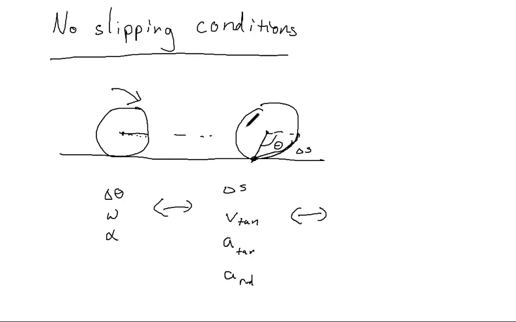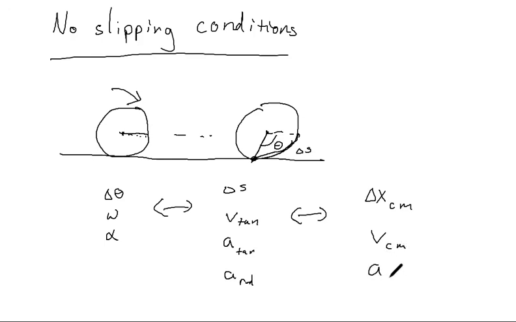But then we can embed this spinning wheel in the ambient space, along the table. So that can turn into a statement about what is delta x for the center of mass. What is the velocity of the center of mass?